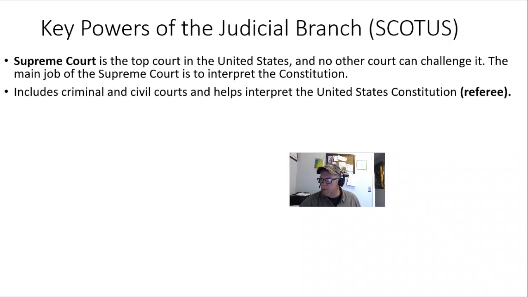And then the Supreme Court, this is finishing us up. The Supreme Court's a referee, right? Is a law constitutional? Does it meet the intent of the Constitution? That didn't actually exist in the Constitution early on. It wasn't until the early 1800s that it was decided they have this idea of judicial review. And it makes sense, right? You come up with some kind of law, especially a biased law.